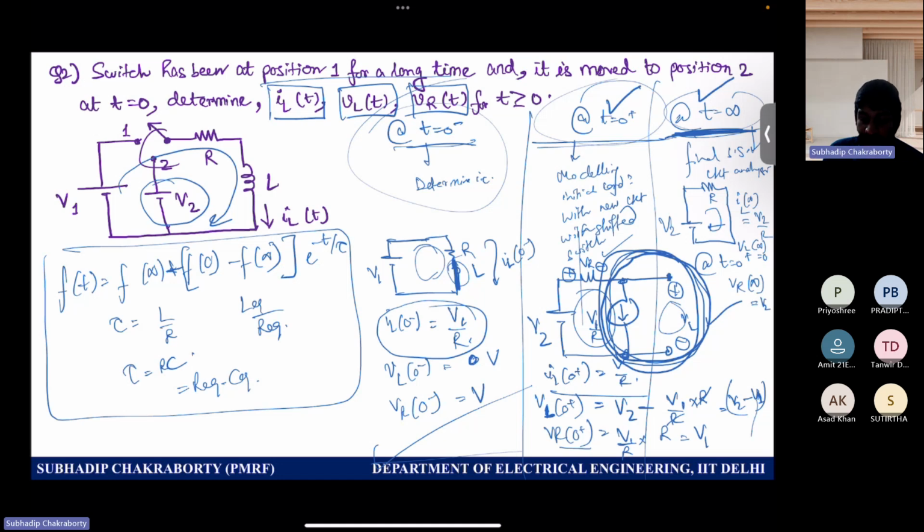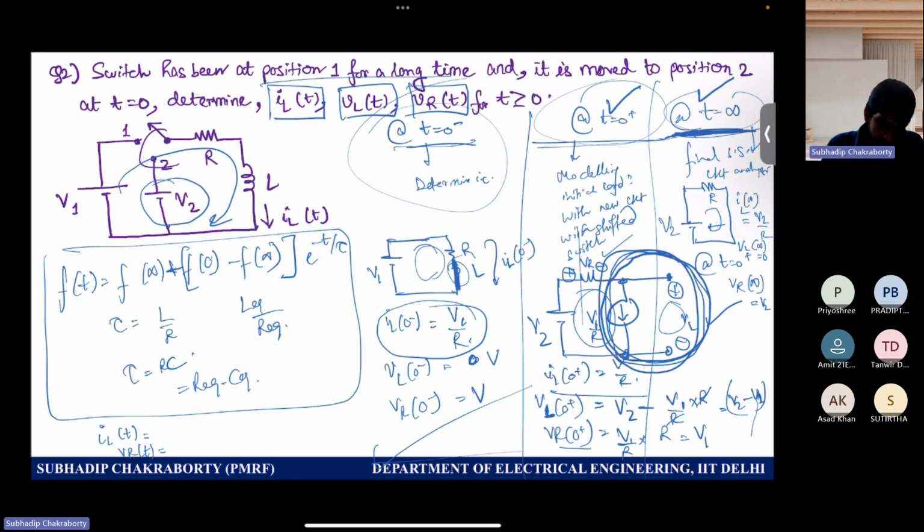So all equations we have now derived, and now we are ready to write IL of t. So now one of you just tell me the expression of IL of t and VR of t. Two things you tell me. Yes, I want to hear the complete equation. IL of t and VR of t.